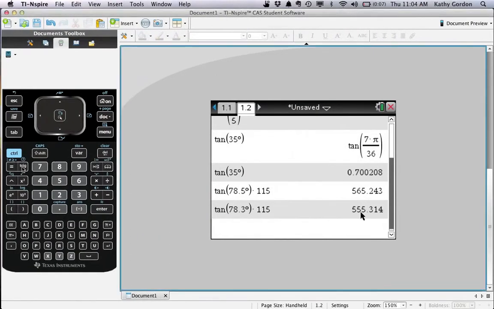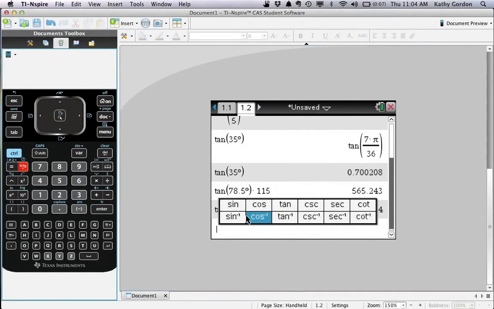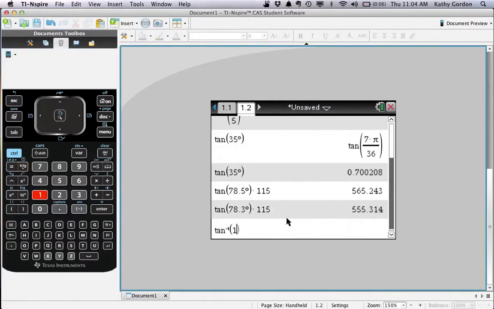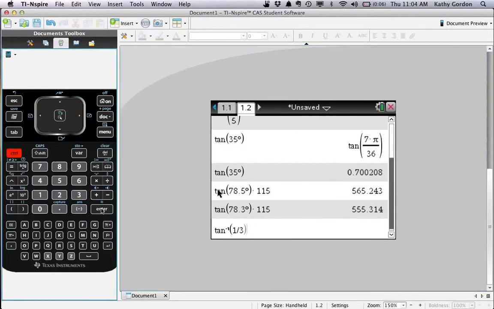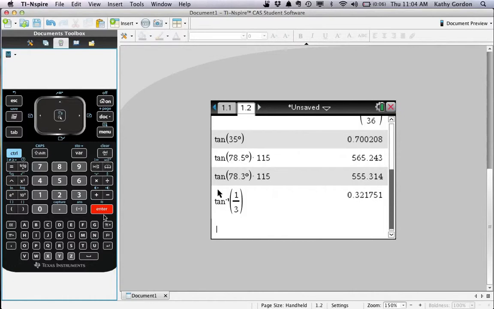So that's what these are for, when you are trying to find the theta value in a problem. So inverse tangent, 1 divided by 3 for 1/3, and then I'm going to go ahead and just do Control Enter to make sure I get a decimal answer.